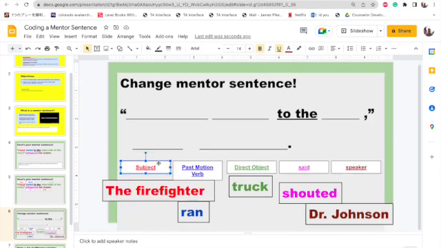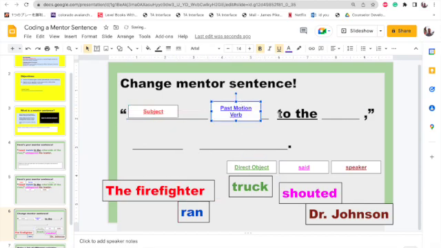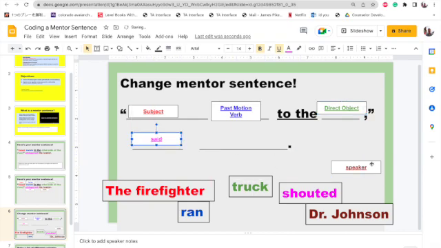We have our subject and what they did, which is the past motion verb. And what did they do it to? "To" connects the subject and what they're doing to what they're doing it to, which is the direct object. And how it was said, and it was said by the speaker. Cool. So let's go to the next slide.